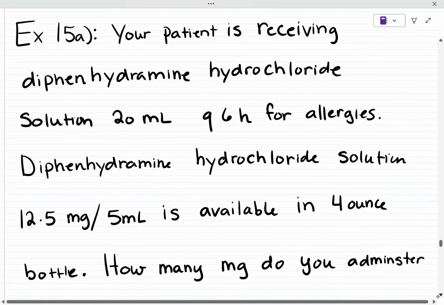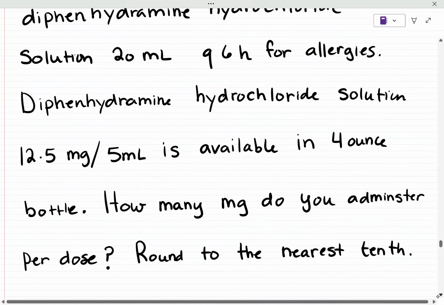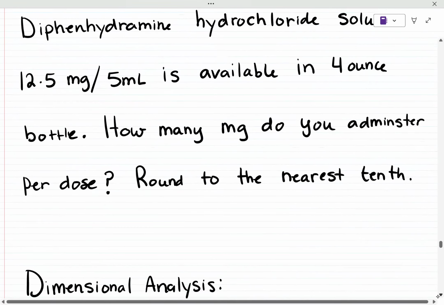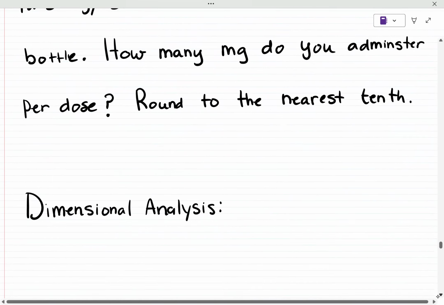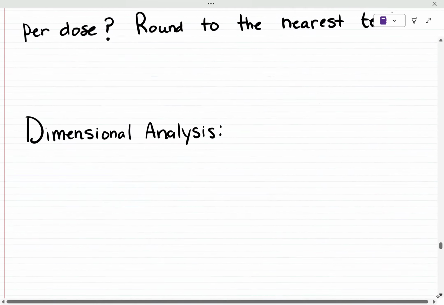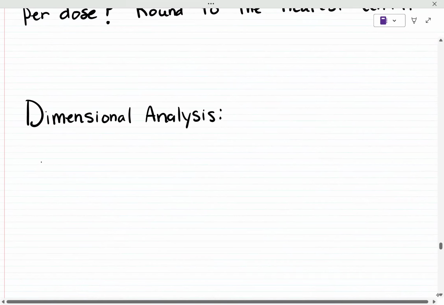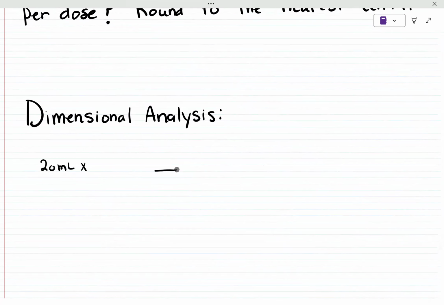Let's start with dimensional analysis. 20 milliliters times mg on top and milliliters on the bottom: 12.5 mg for 5 milliliters.